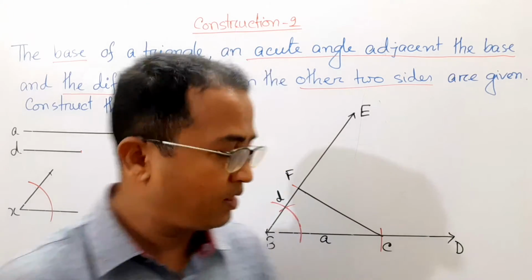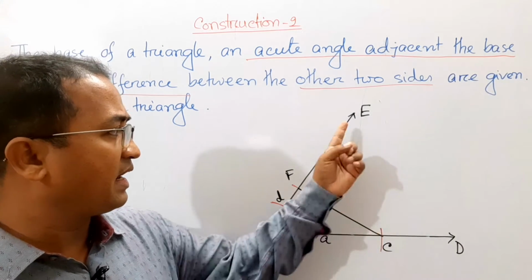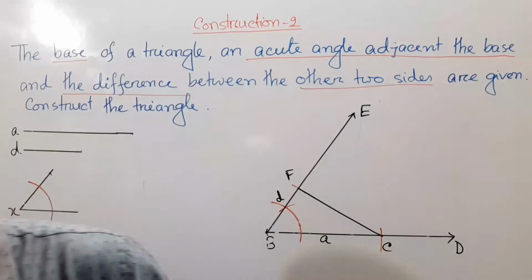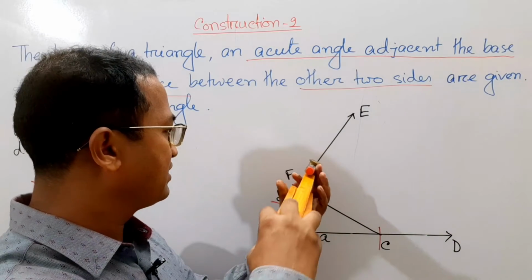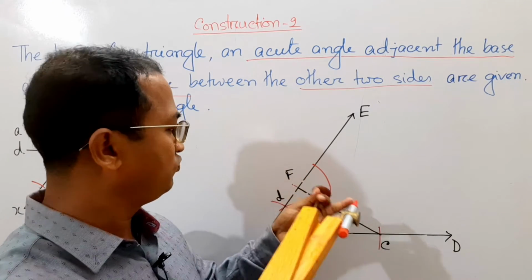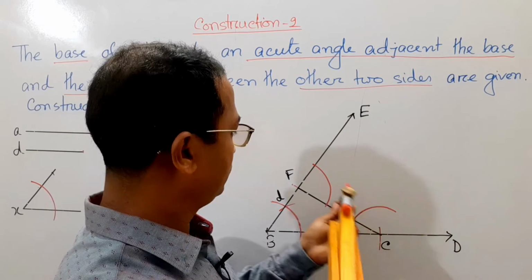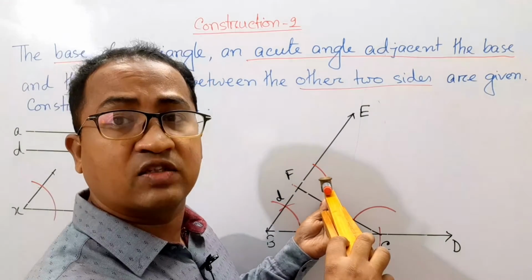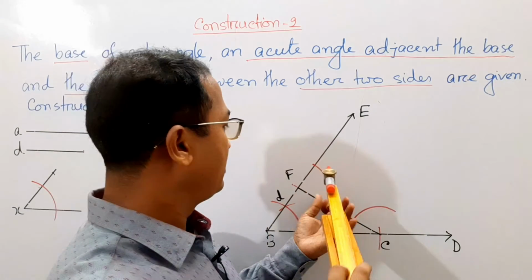Now we will construct an angle FCA at the point C, with a suitable radius, taking the distance of these two points.